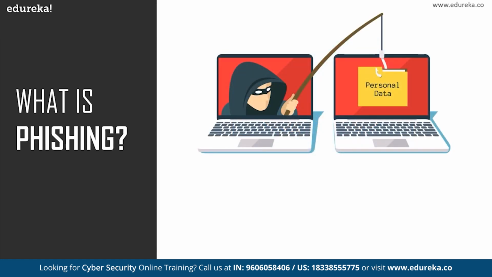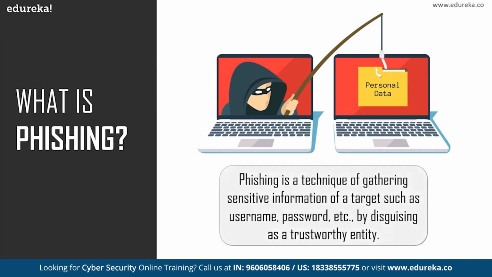So this psychology is what hackers take advantage of in phishing attacks. Hackers take advantage of this trust factor and they pose as a trustworthy entity to steal your sensitive data or your personal data. So phishing is an attack of gathering sensitive information of a target, such as username, password, email ID, or other sensitive information, maybe your bank details, your credit card or debit card details, by disguising themselves as a trustworthy entity.